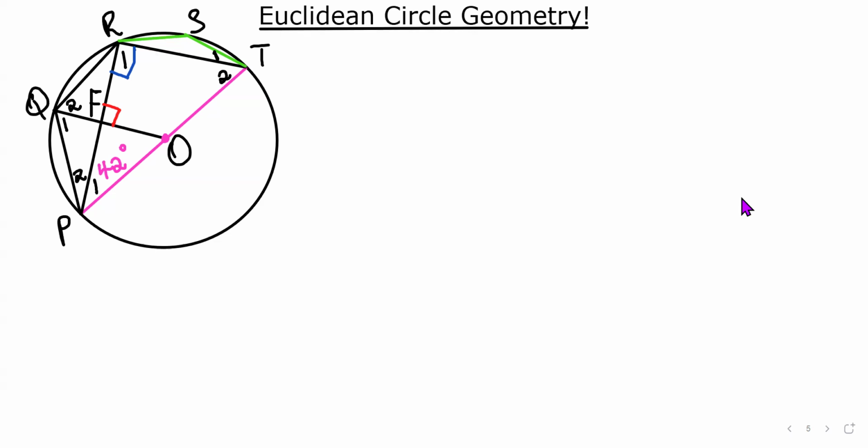We have the radius which is OQ and OP and they are equal. So we have an isosceles triangle. Okay, so this is the radius and that is the radius, which means Q1 is equal to that. Thank you, sir.